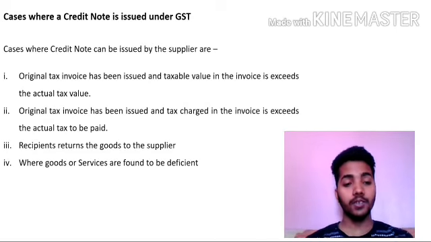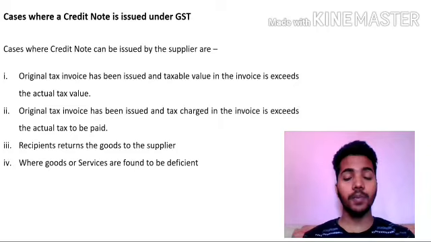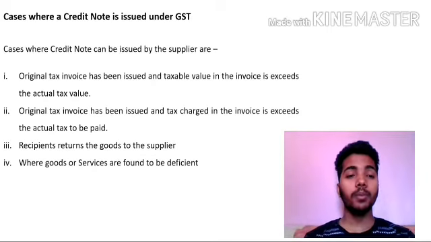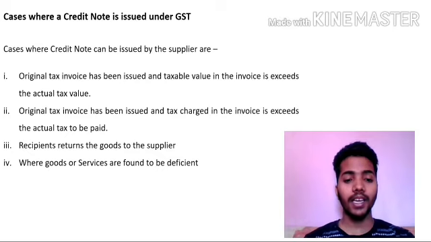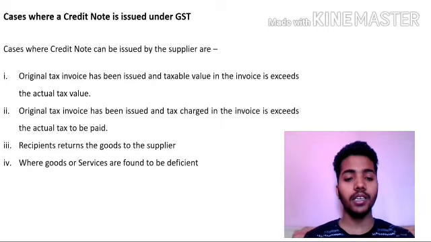The fourth and the last one is where goods and services are found to be deficient. In case the recipient finds the goods and services not up to the mark in quality, then he can return the goods to the supplier, and the supplier will issue the credit note against the returned goods to him.